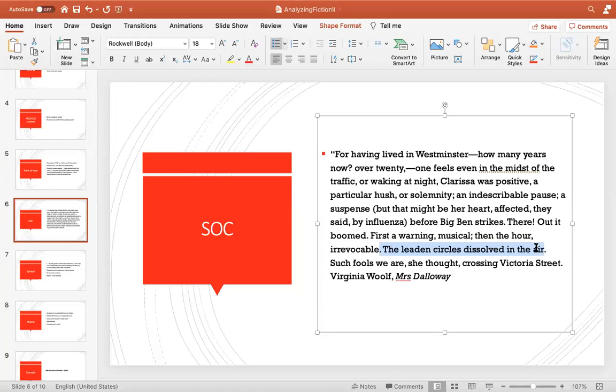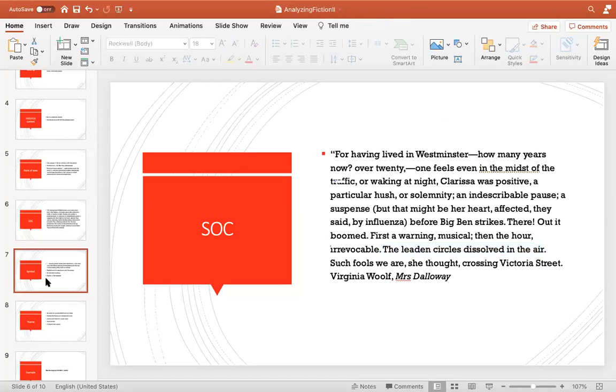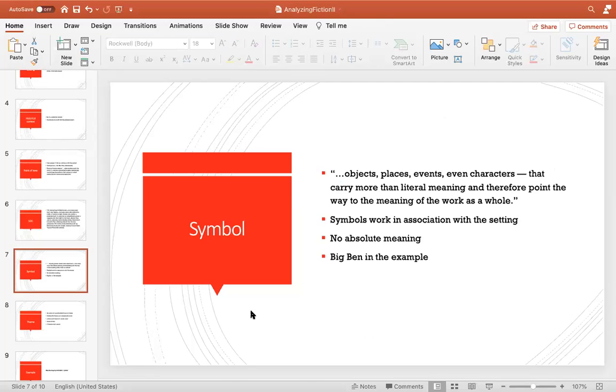So this is what I meant by my explanation in the symbol slide, that when you attribute a meaning to a symbol, or when you explain an object as a symbol, you should explain that with reference to the context in which that symbol has been written, or that symbol has been introduced to us. All right.